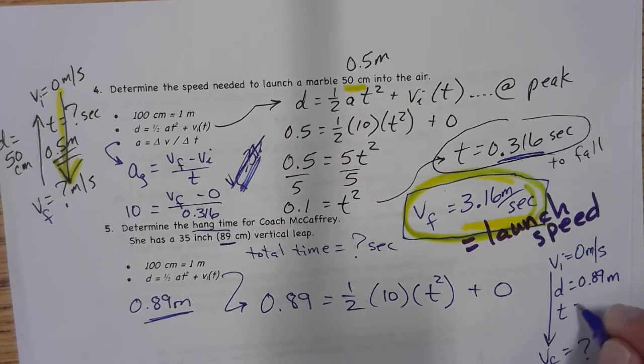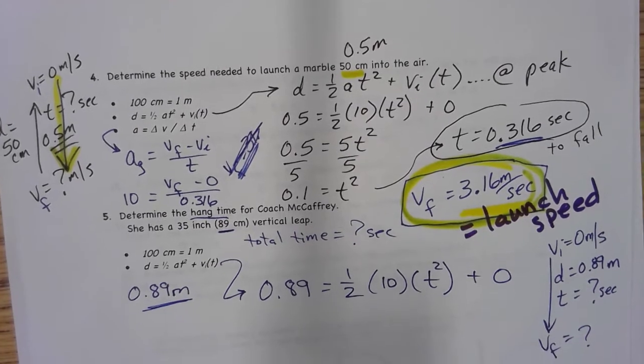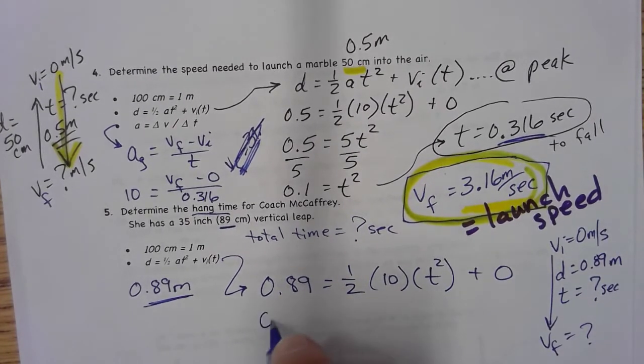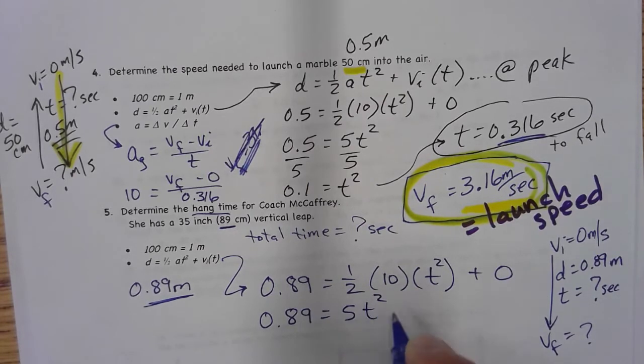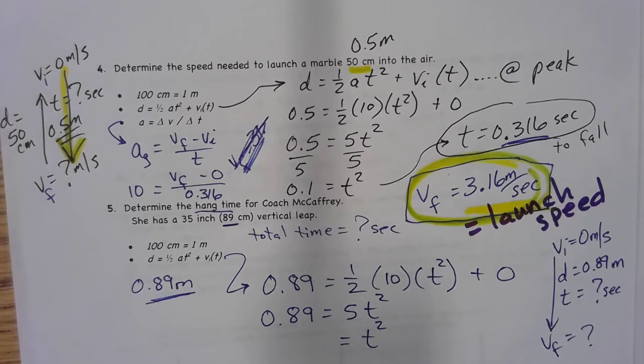And once again, it's always that time. That time is everything. If you can solve for t, it's a good skill. And really, if you're watching this, I appreciate it. Sometimes just watching people do math problems is a good way to learn. So I'm going to divide through by 5.